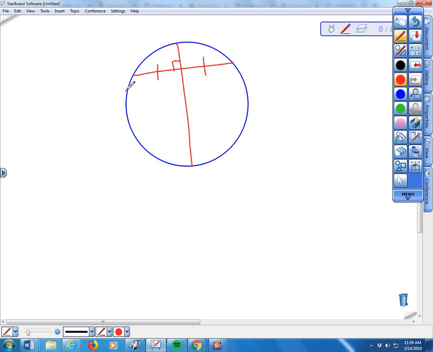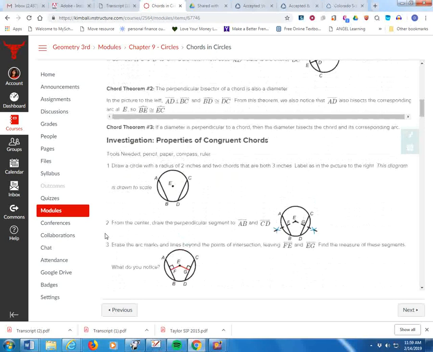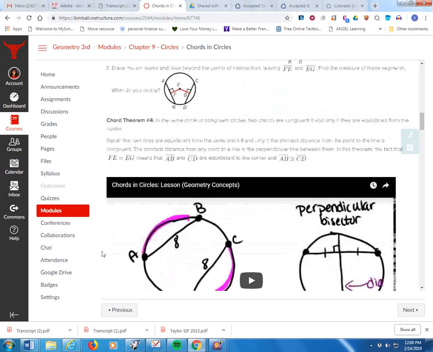And then we also know that these arcs are equal as well. I'm going to show you a couple of examples to put this into play. If a diameter is perpendicular to a chord, then the diameter bisects the chord and its corresponding arc. Okay?